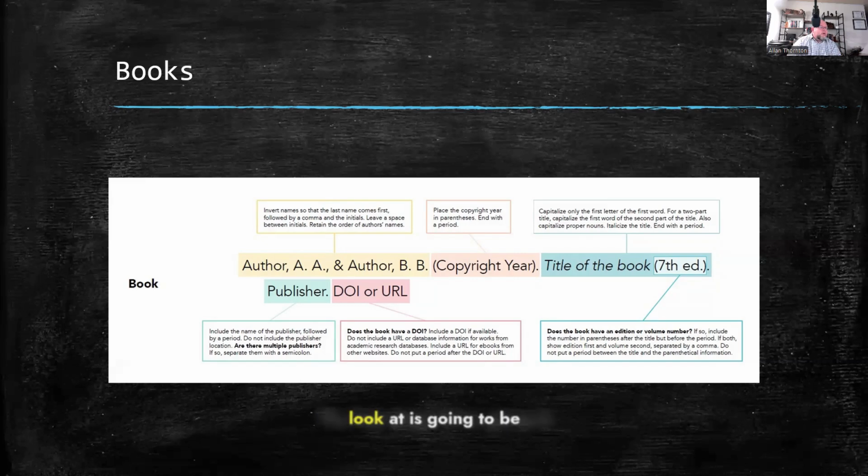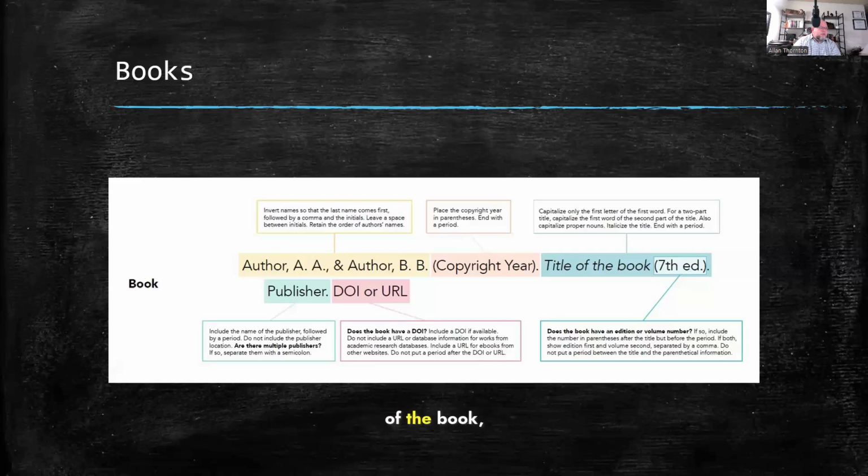The first thing we're going to look at is how you cite a book. Now, if you'll notice, it's laid out. There's not any information in it, but it's laid out where you have the author's names first. If you have two authors, it's that. If there's only one, of course, you would have just the one author listed there. You have your copyright year, the title of the book. If the book is an edition beyond the first edition, you would notate that.